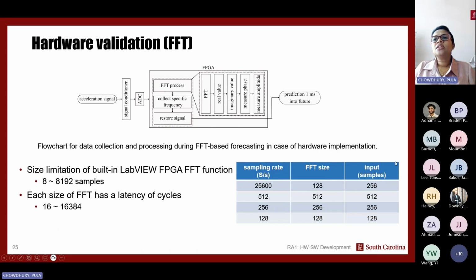So we consider this analysis, these different sample rates, for the hardware implementation part. These are the samples like 25,000, 512, 256, and 128. For each of the sample rates, I use this FFT combination, and this is the input sample. For 25,000, I cannot use the 25,000 FFT size due to the size limitation of the LabVIEW FPGA.